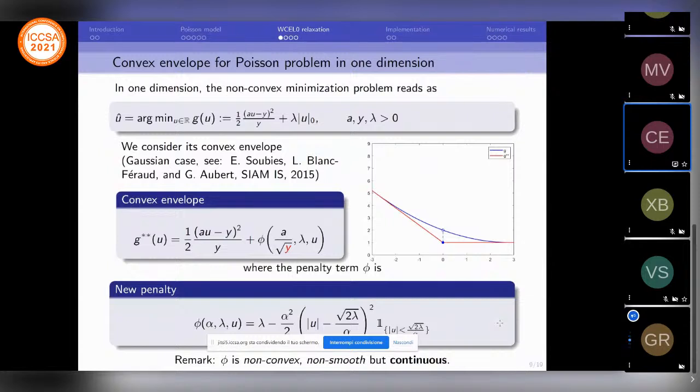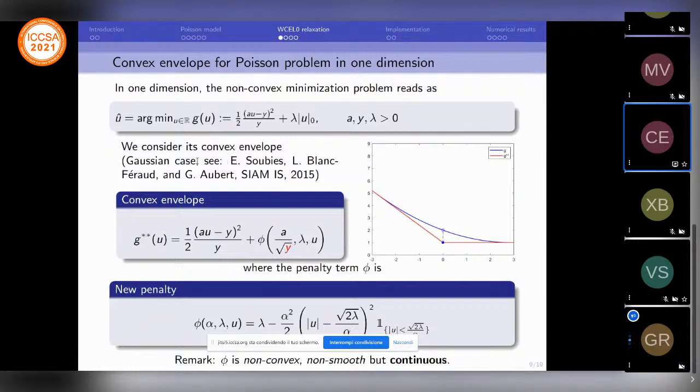To do that, we consider the convex envelope of the L0 functional in one dimension. The L0 functional is the blue curve with the dot here at zero, which is approximated by its convex envelope, the red function in one dimension.